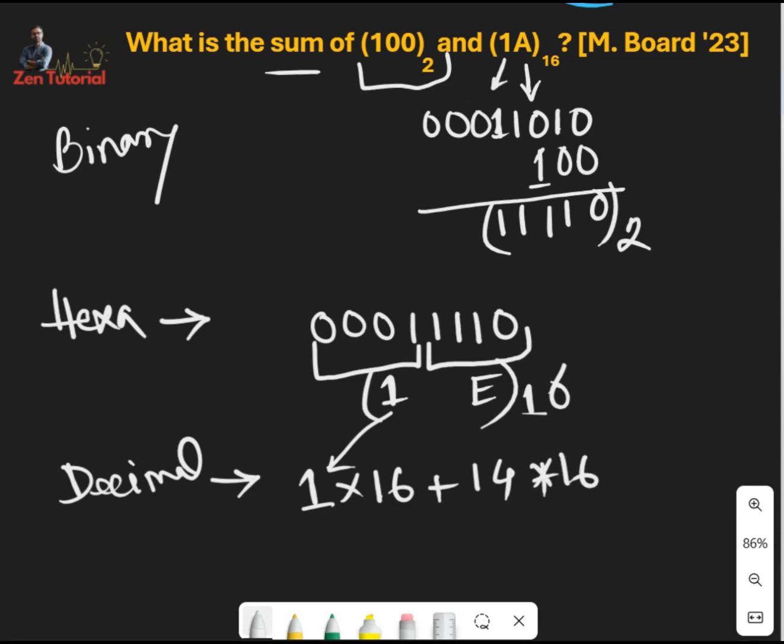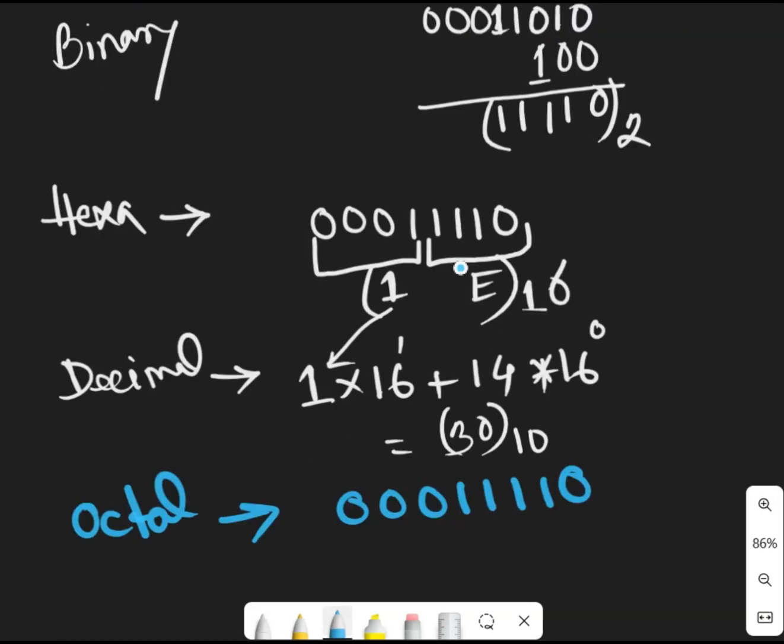As we convert it into the decimal number, so the LSB value will be 14 and this is 16. So all together this is actually 30 in decimal value.